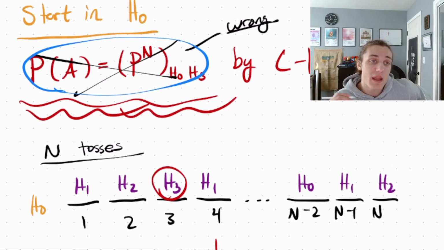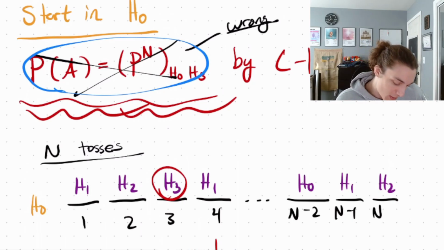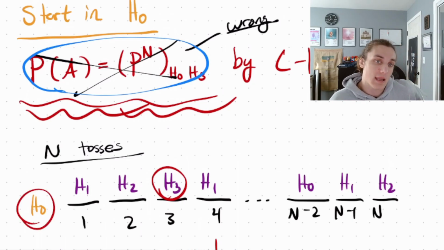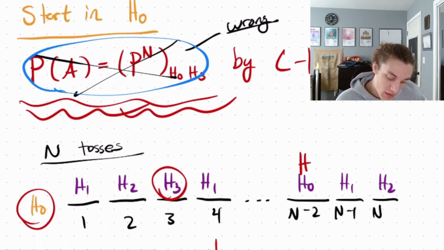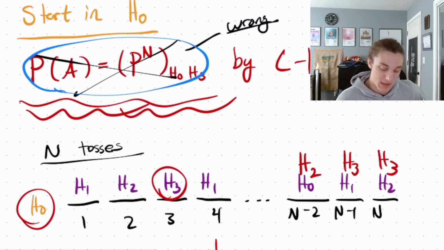probability that if we start in H0, we end in H3. Okay? That is, this sequence evolves as H, let's say, 2, H3, H3. That's one possible sequence. It could also be H1, H2, H3.